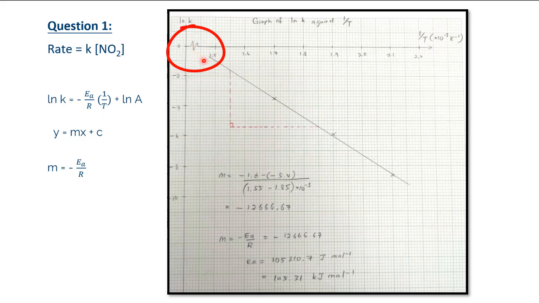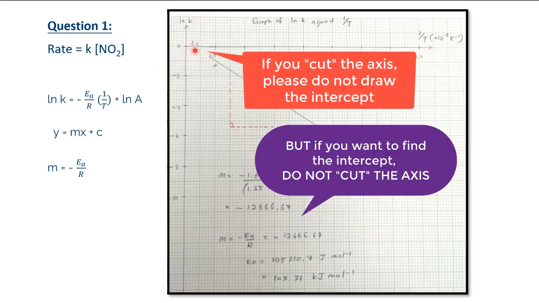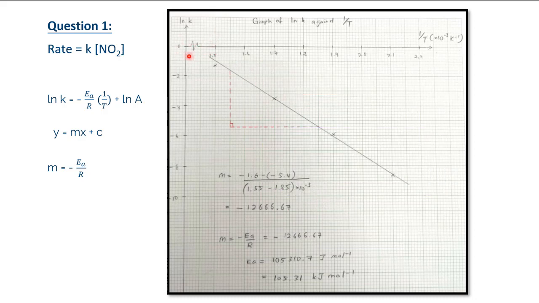Because the scale is too small, I cut the graph and go from 0 straight to 1.5, and then carry on with 1.6, 1.7, and so on. So that means if you cut the graph, you cannot do the intercept. Please don't draw the intercept. That means over here, you don't have the intercept with the y-axis.